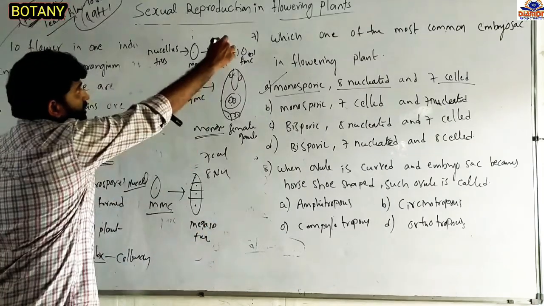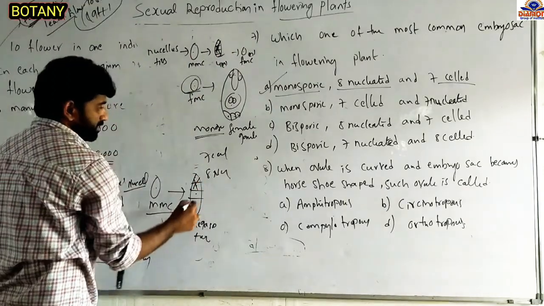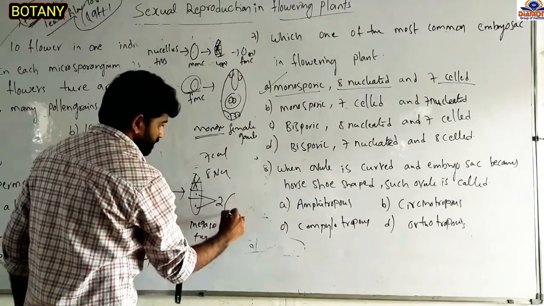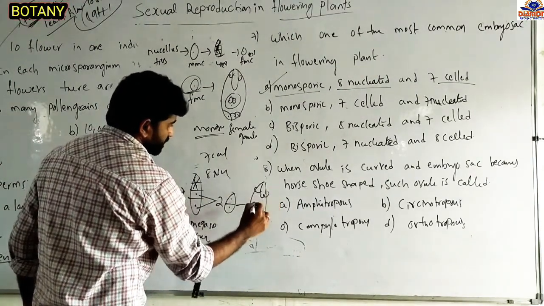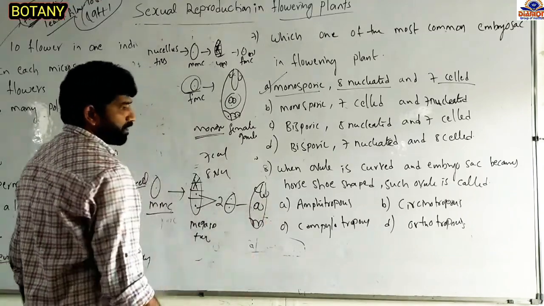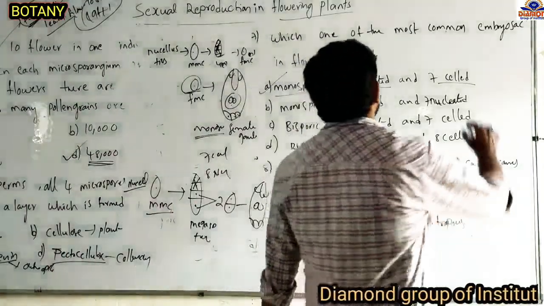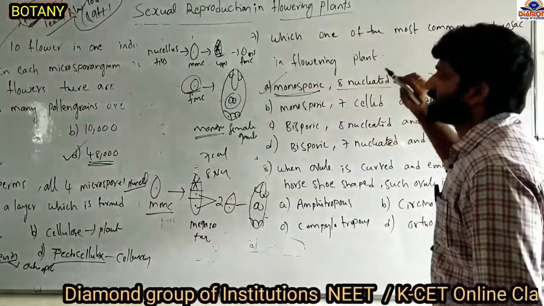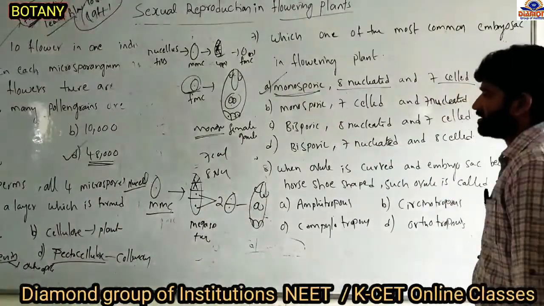Out of this, here only 2 cells degenerate and 2 cells are functional. These 2 cells are involved in the formation of the 7-celled, 8-nucleated structure of the embryo sac. We call this bisporic. So the answer for the most common type of embryo sac in flowering plants is monosporic, containing 7 cells and 8 nuclei. A is the answer.